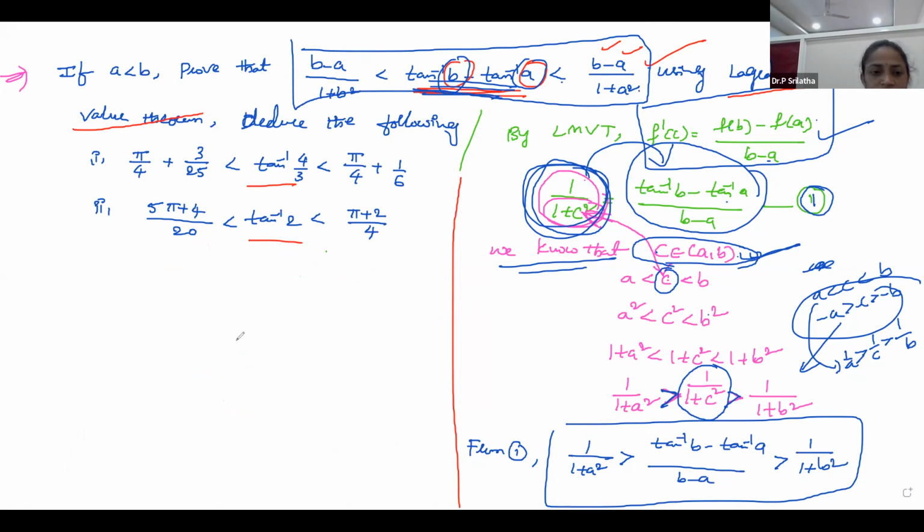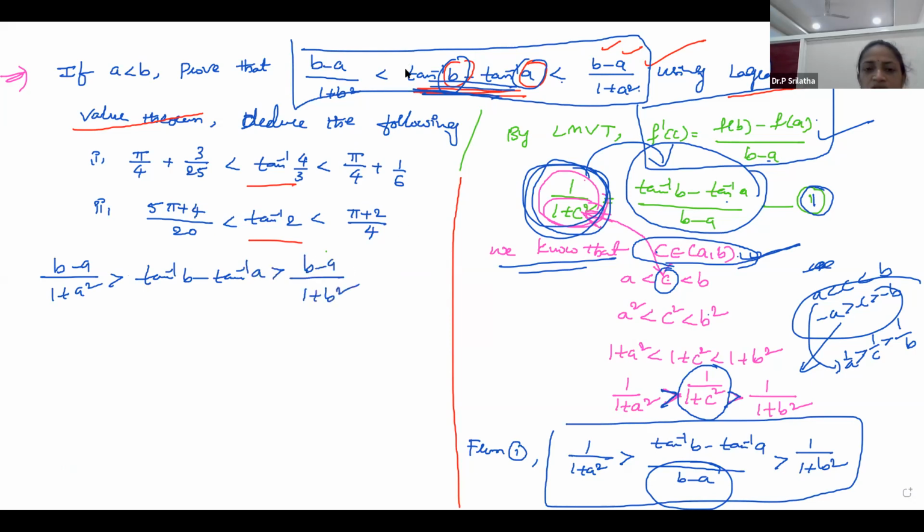Multiplying with b minus a on both sides. After multiplying, that is b minus a divided by 1 plus a square is greater than tan inverse b minus tan inverse a, which is greater than b minus a divided by 1 plus b square.